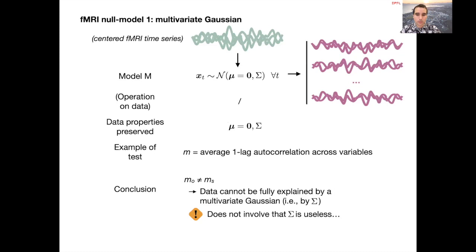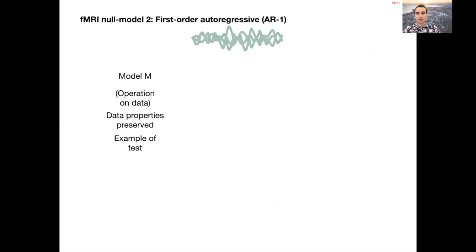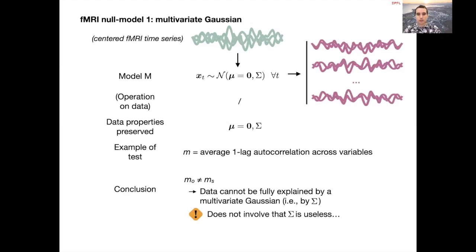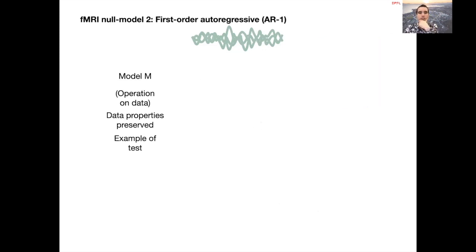I mean, it's not anymore to be proven that sigma is useful. If M0 is equal to MS, there is no evidence that there is temporal structure in fMRI time series, but that's not what we expect to find.